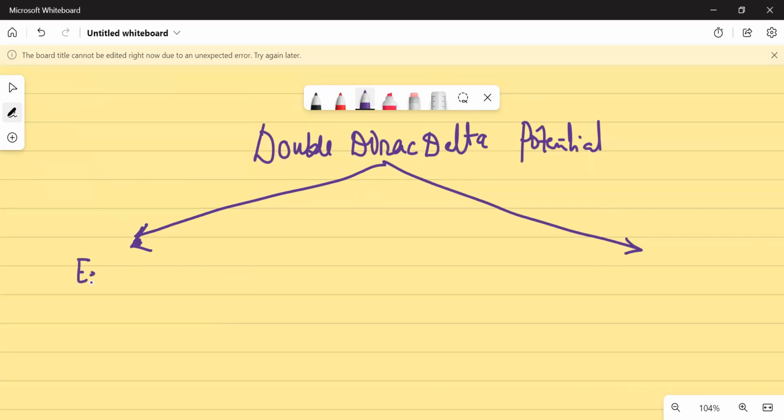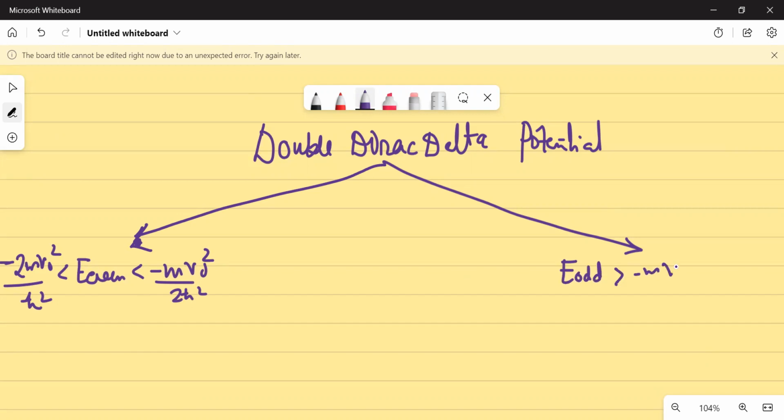If my even case exists, then even energies are given by minus mV naught square upon 2 h bar square, and it will initiate from minus 2 mV naught square upon h bar square. Is that clear? And if at all my odd states exist, then these odd states will be greater than minus mV naught square upon twice h bar square. Also understand my point. From the very comparison, you can write that your even bound state forms your ground state.